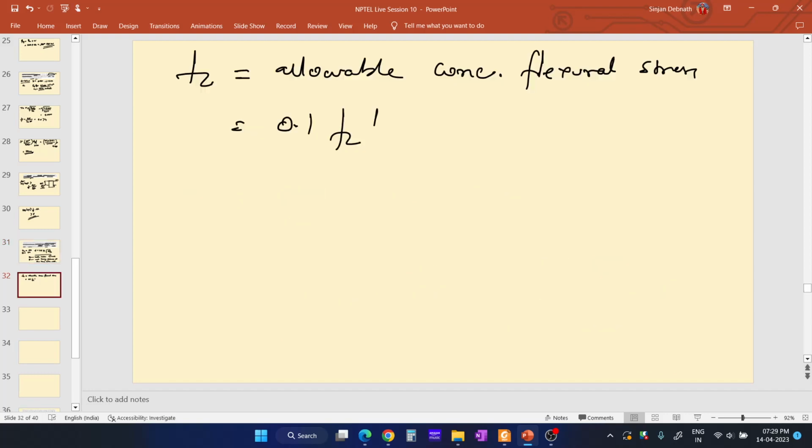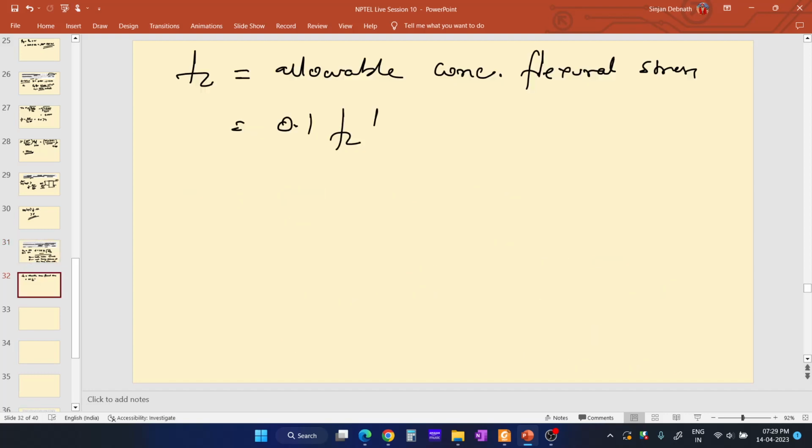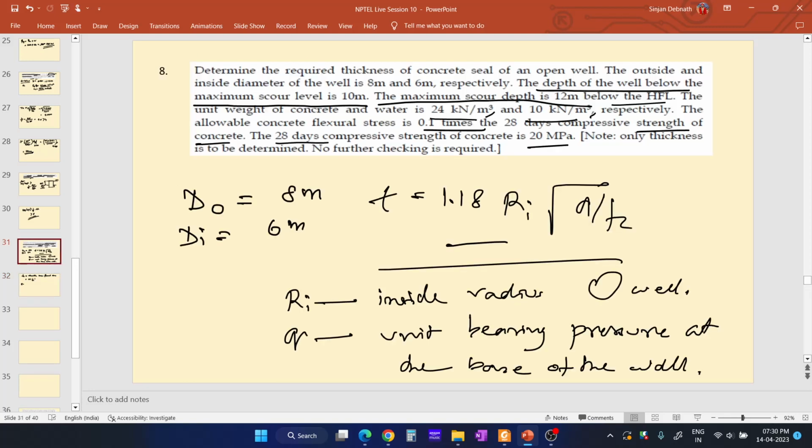So now let me find out the thickness of the concrete seal. So Q, which is the bearing pressure at the base of the well, is how much? What is the total depth of the well?